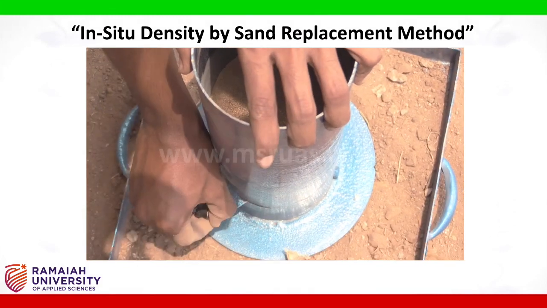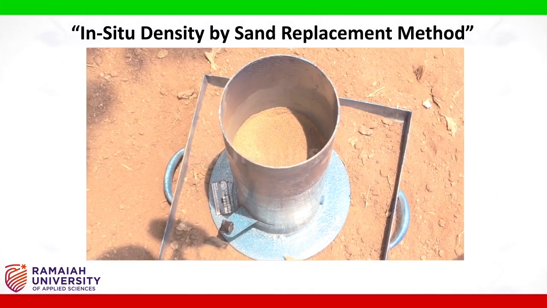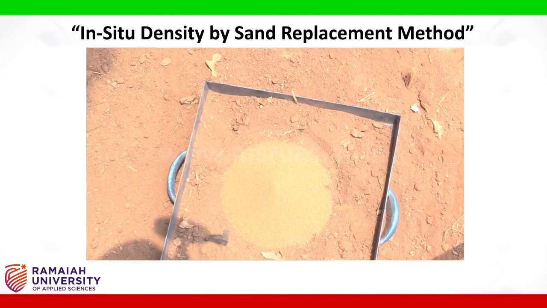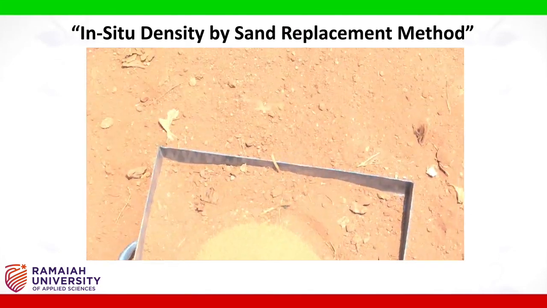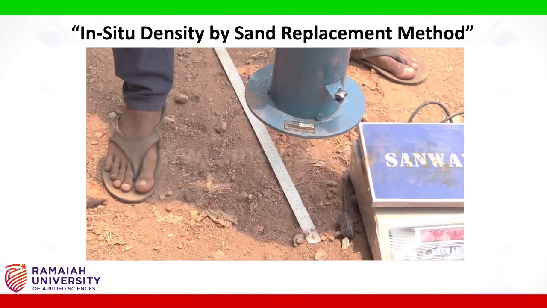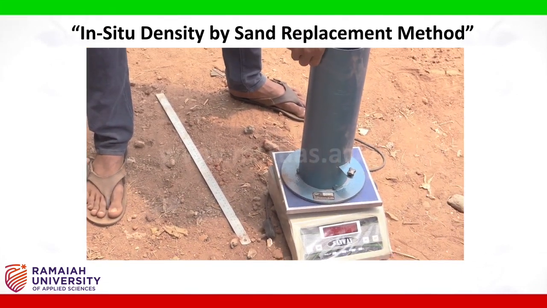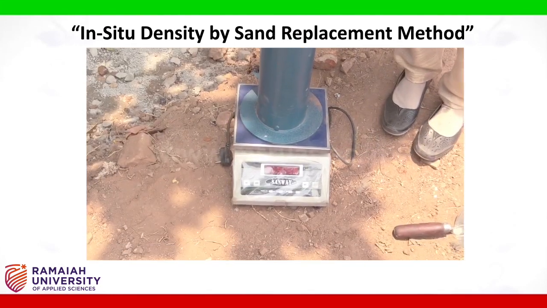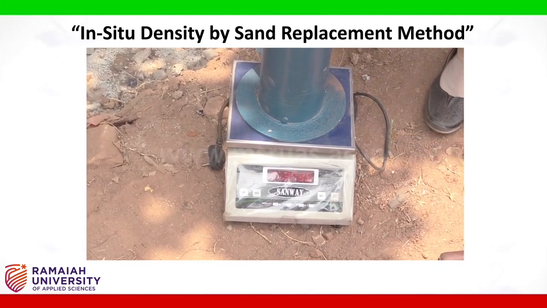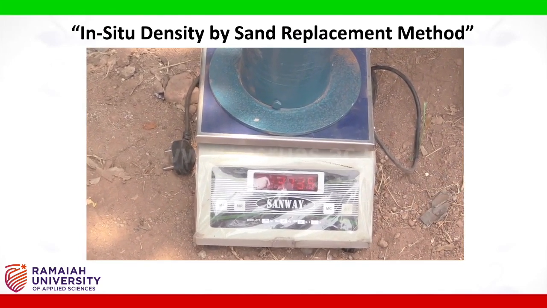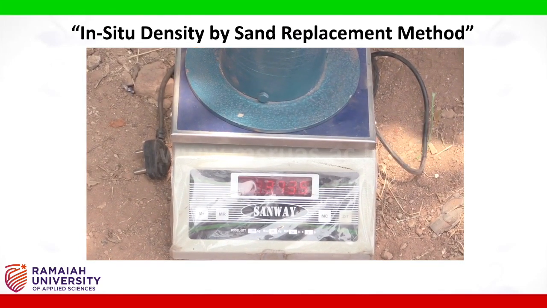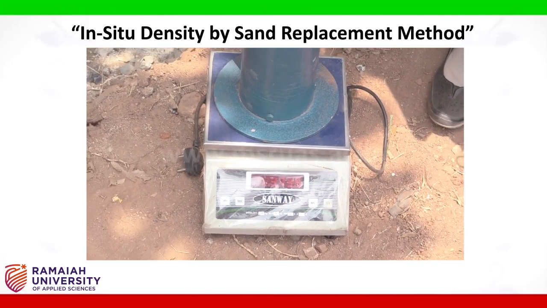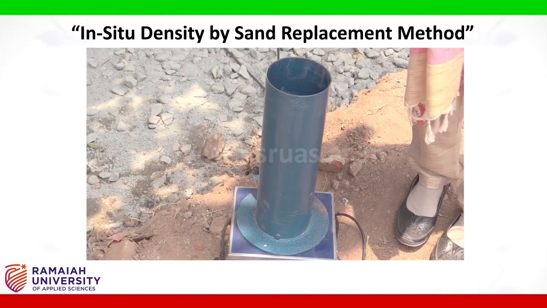Once the movement stops, you can close the valve and weigh the sand pouring cylinder. Now the weight of the sand pouring cylinder after filling the hole and the conical portion is 3.735 kg. Now from this we can calculate the amount of sand which is required to fill that hole.